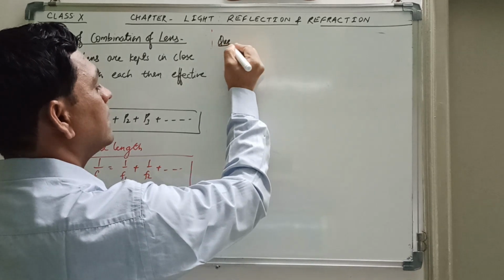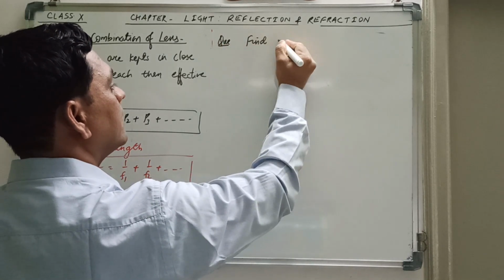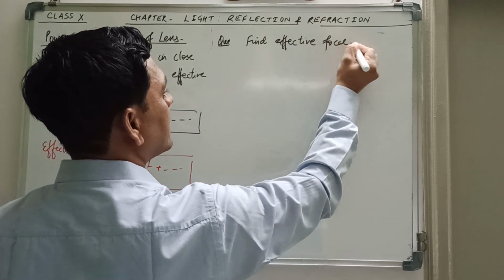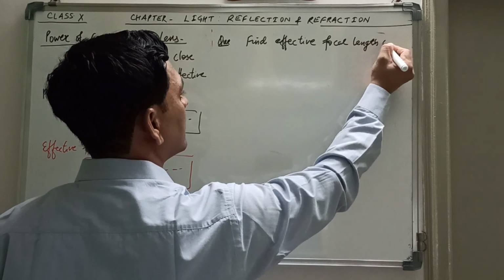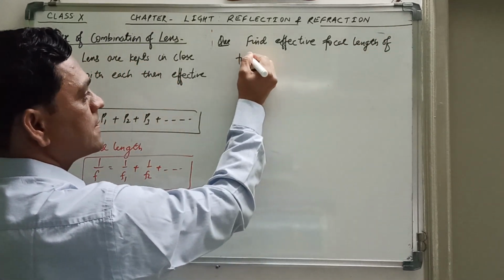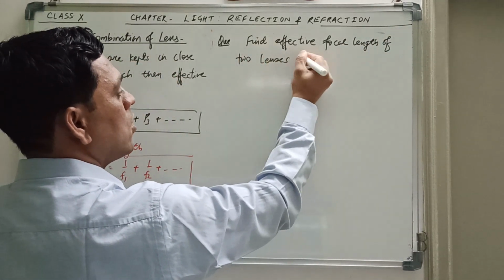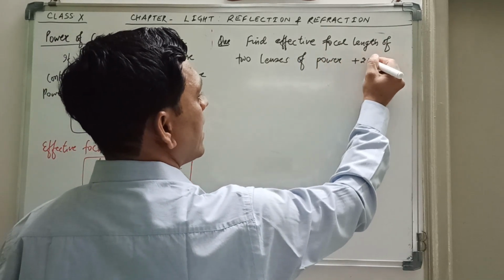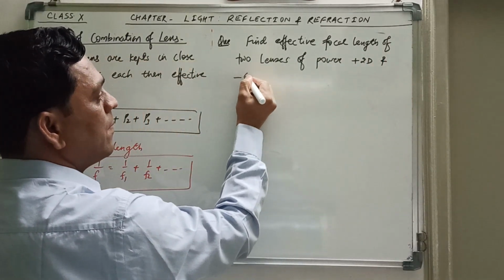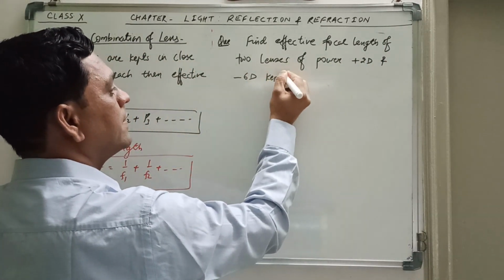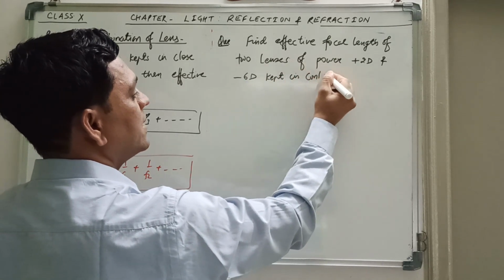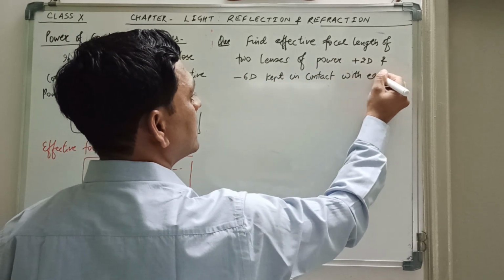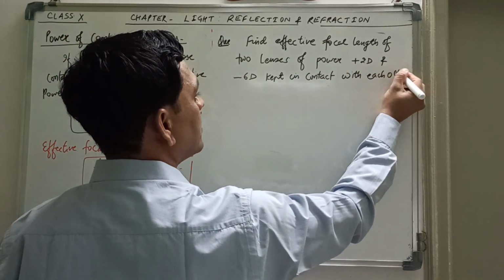Find the effective focal length of two lenses of power plus 2 diopter and minus 6 diopter kept in contact with each other. This is the question, okay?